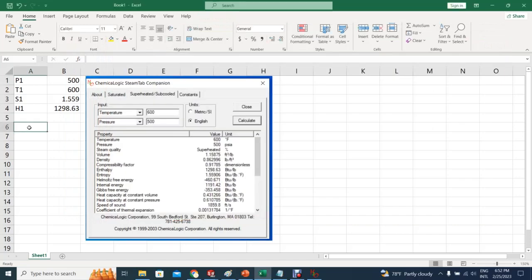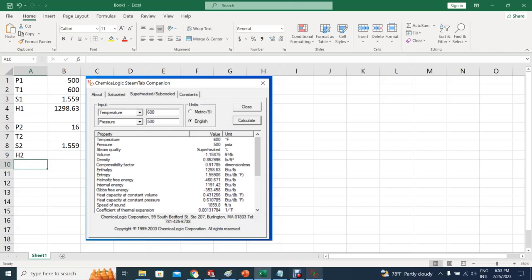Now let's put this here, meaning that P2, pressure 2 in this case, is going to be 16. Temperature 2 at this point, I don't know what it is. We don't know. S2, we do know that one. It's going to be 1.559. Now, H2, we don't know that one yet.